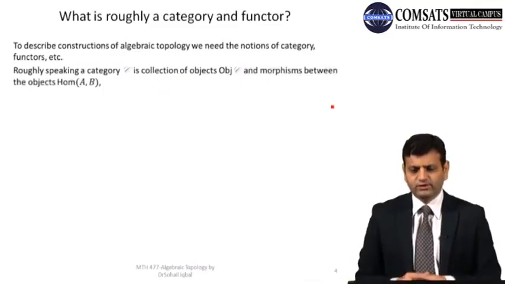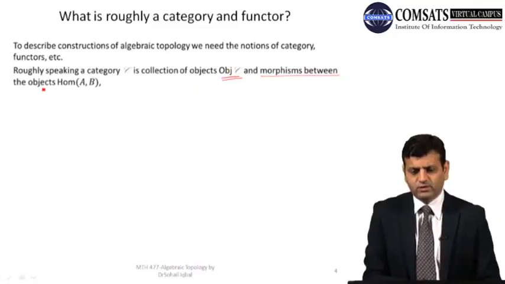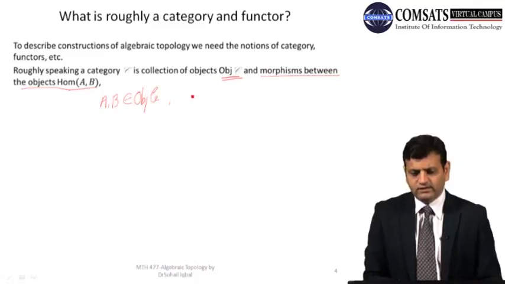So what is the second component? With these objects, we require morphisms between the objects, and we denote the set of all morphisms from the object A to B by hom AB. So if A and B are two objects of this category, then the set of all morphisms from A to B is denoted by hom AB.